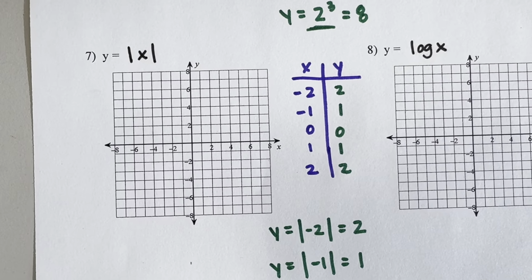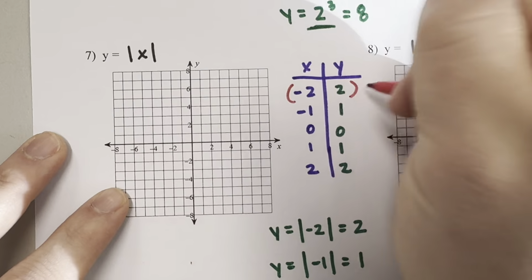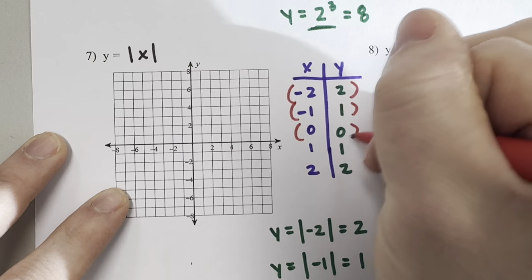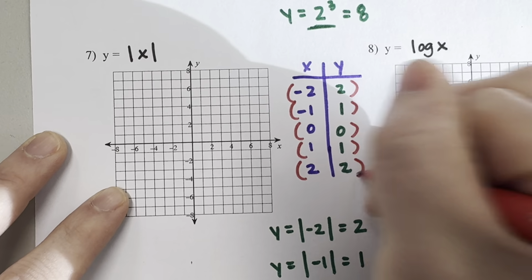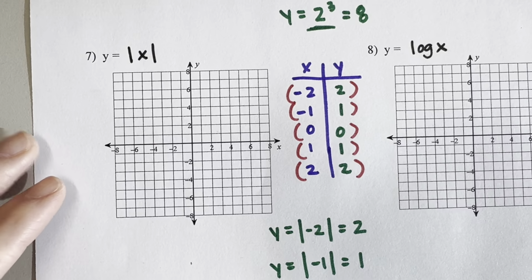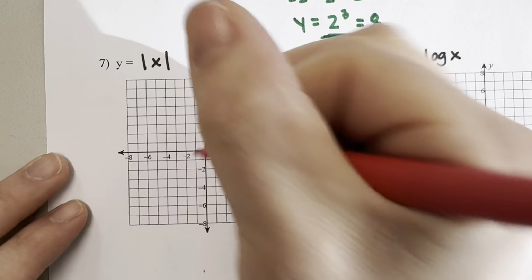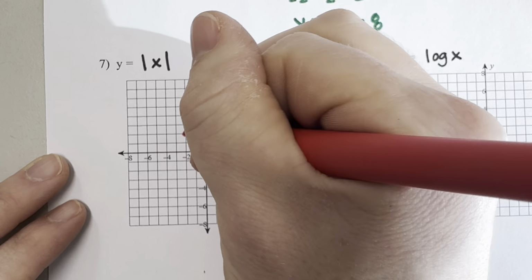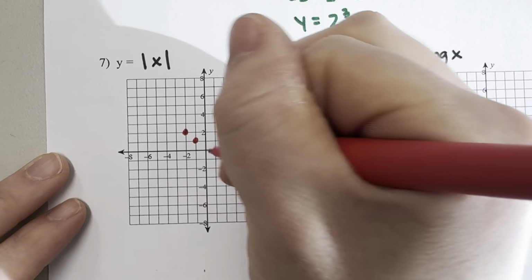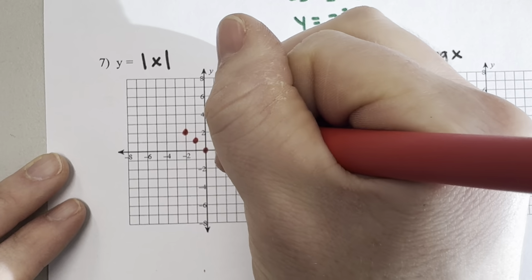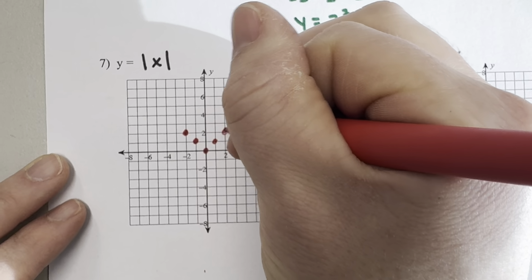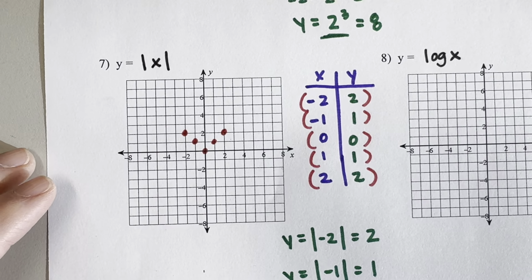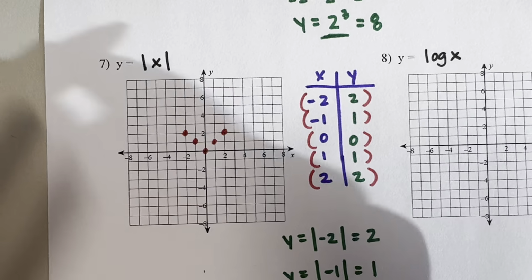There are our coordinate points. Let's go ahead and put them on our graph. Alrighty, so -2, +2. -1, +1. 0, 0. +1, +1. And +2, +2.